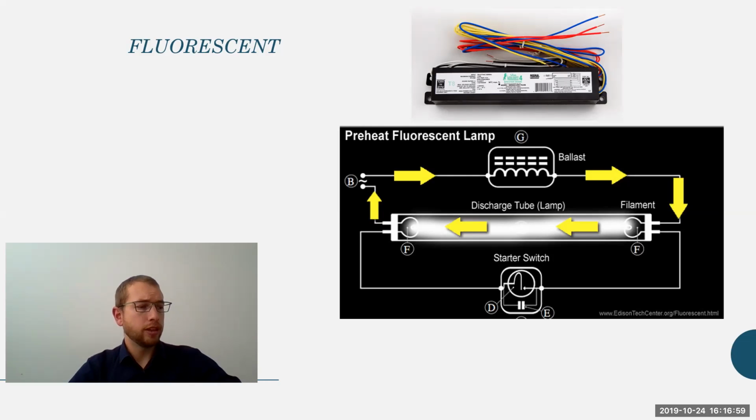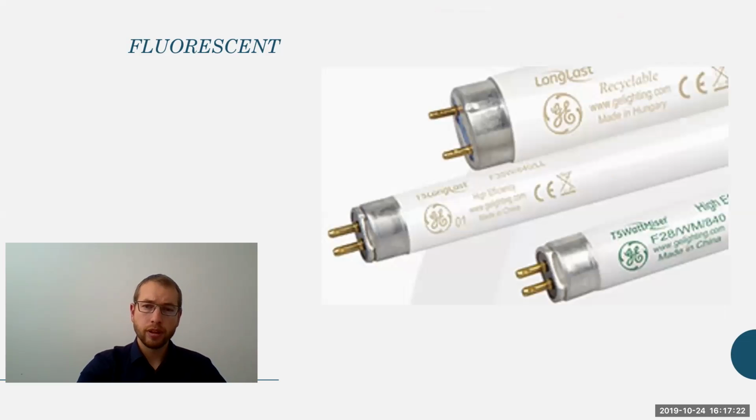It means maybe the tube is still good, but the part of the light that's actually regulating the current to maintain that arc is going out. And so sometimes you need to replace ballasts in addition to replacing the actual bulbs or lamps.